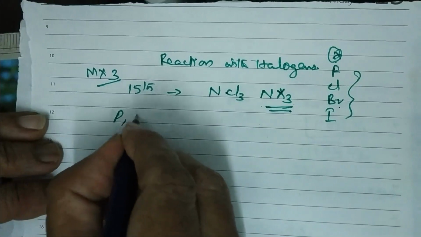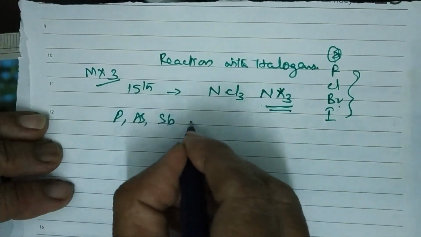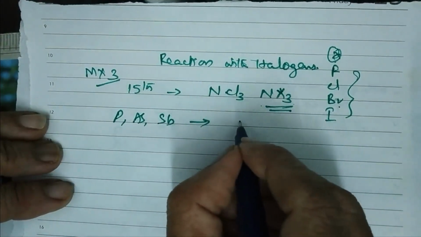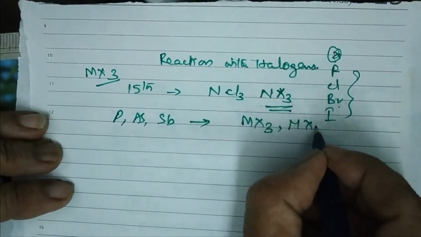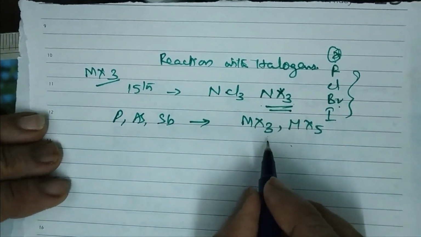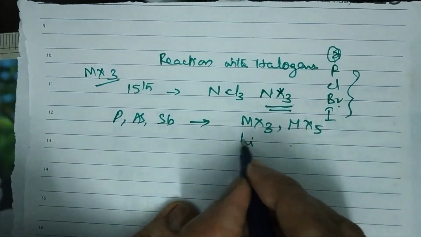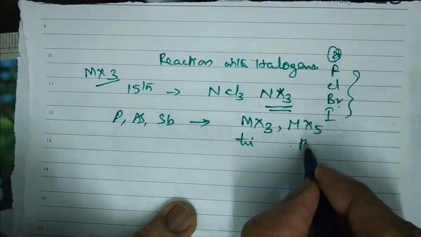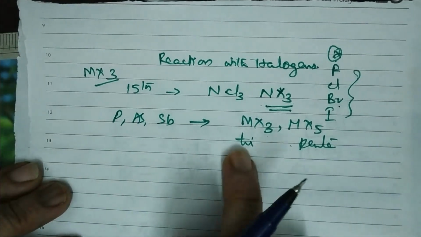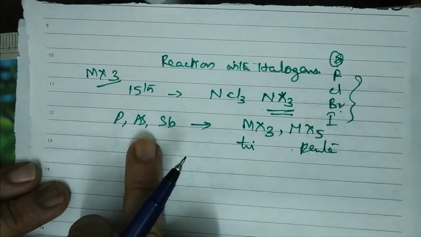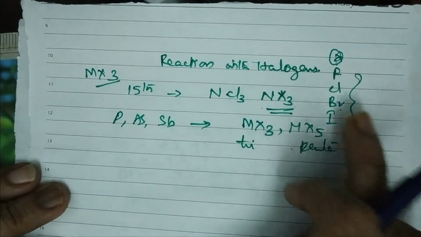Whereas phosphorus, arsenic and antimony give two types of halides, MX3 and MX5. MX3 are called trihalides, whereas MX5 are called pentahalides. So two types of halides are formed by the combination of phosphorus, arsenic and antimony with the halogen atoms.